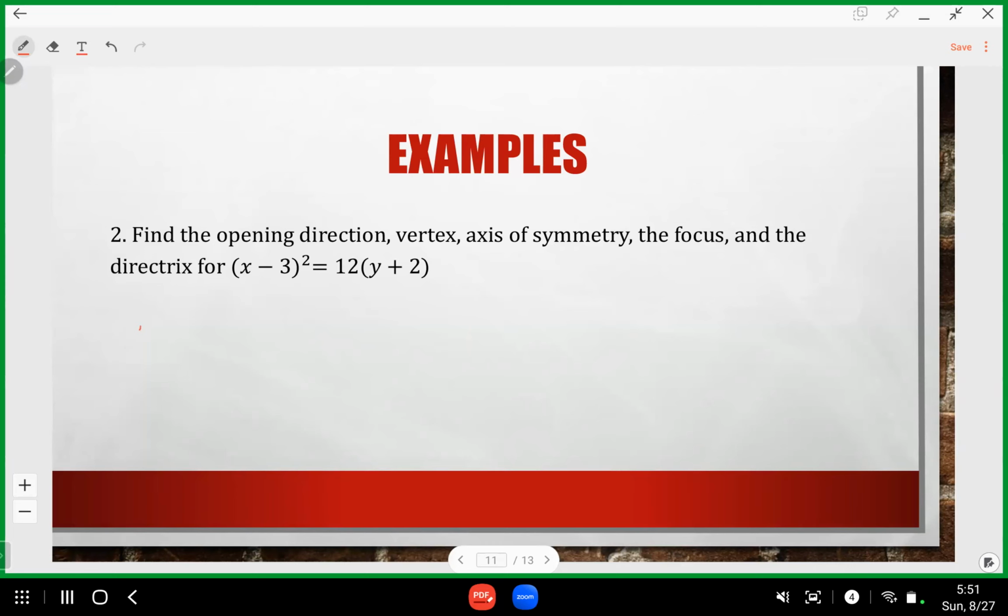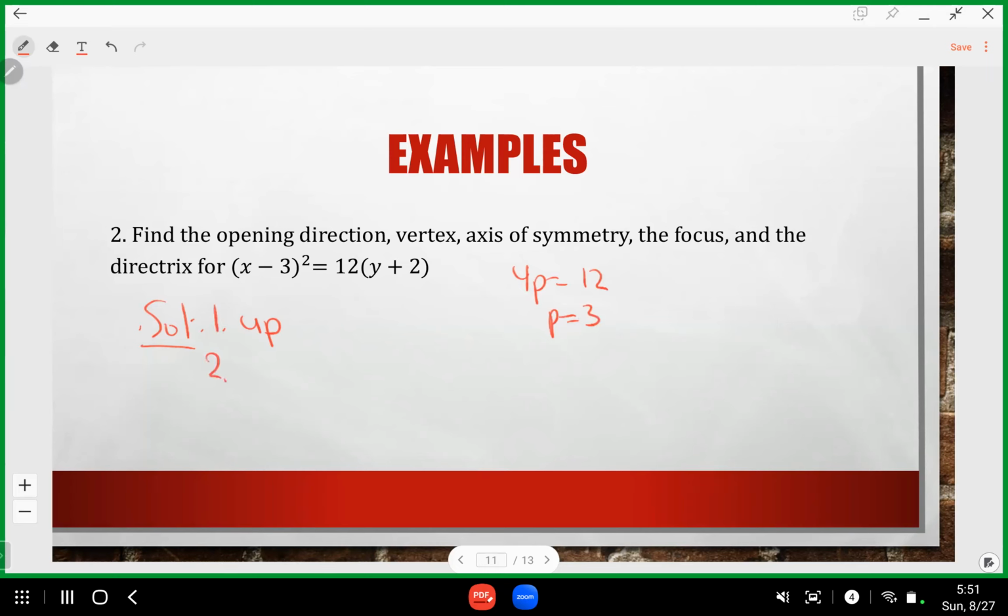Okay, let's go over this one. Find the opening direction, vertex, axis of symmetry, the focus, and the directrix. Obviously the opening direction here, if we just look at this equation, is up. P is going to be equal to 3.